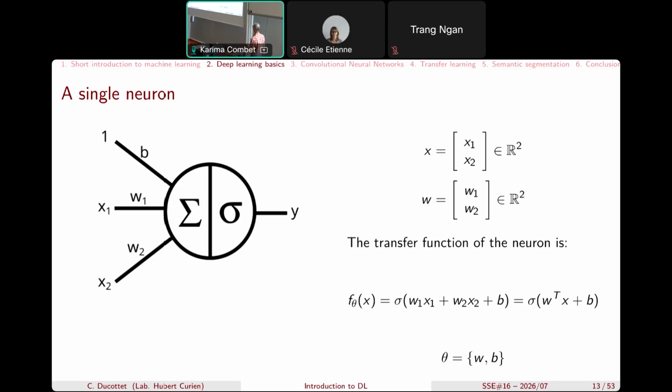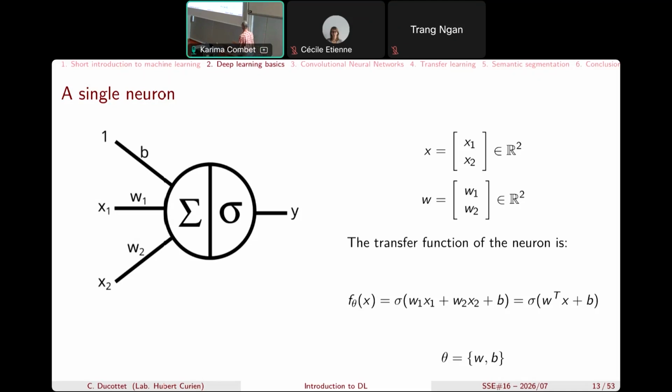We have some parameters, which are here W1, W2, and B. B is known as a bias, and W1 and W2 are the coefficients. We have also a function sigma, which is called an activation function. And the output of the neuron is given by this equation.